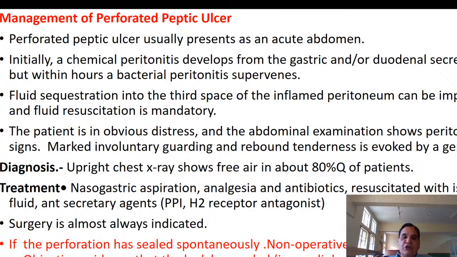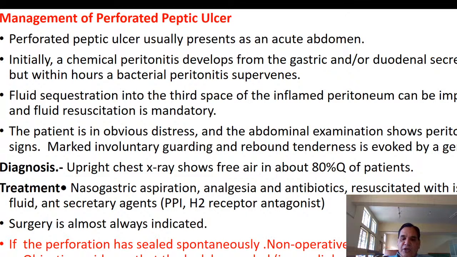There is fluid sequestration into the third space and it can cause shock. Patient is in distress and abdominal examination shows involuntary guarding and rebound tenderness in case of perforation. The diagnosis is simple. Chest X-ray shows free air in about 80% of patients.